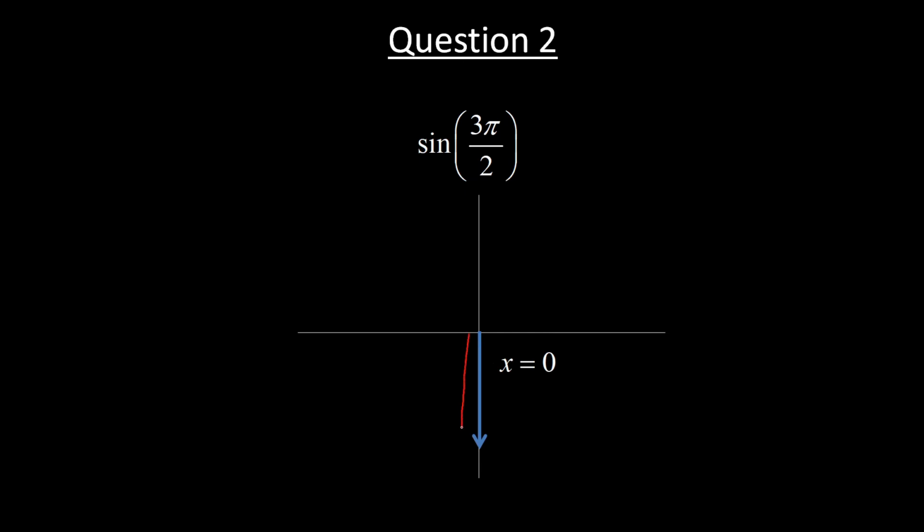It's all in the negative y direction. So the end of this arrow is minus 1. And again, remember, we're using a unit circle. So the length of the blue arrow is always 1 here. So when our terminal is pointing straight down, we know this is at minus 1.